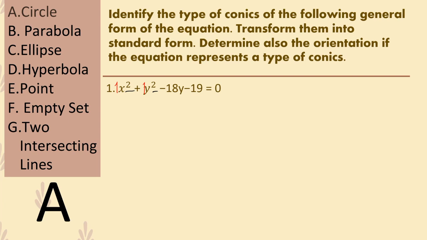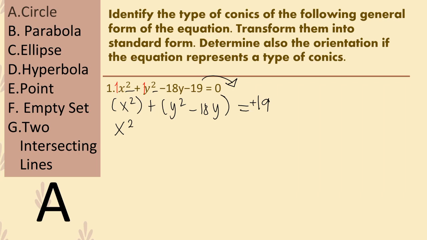So first is, group natin yung x and y. X squared, since walang ka-group yung x squared, so x squared lang yan. And then yung y's group, so y squared minus 18y. Transpose natin itong 19 sa kabilang side, magiging positive 19.